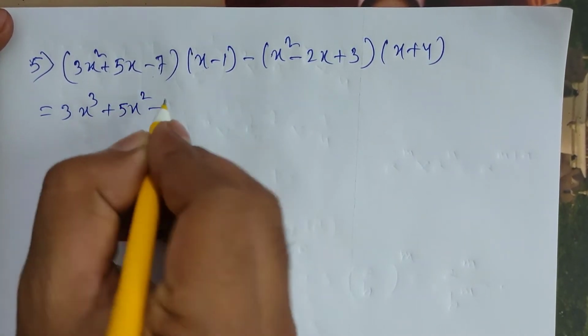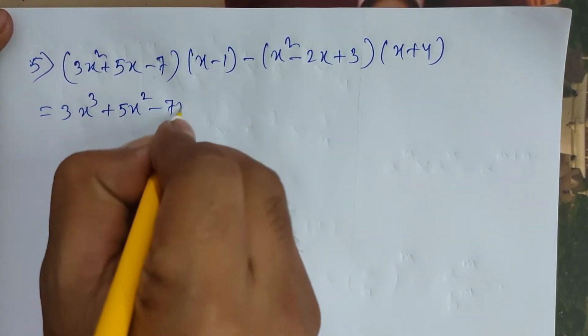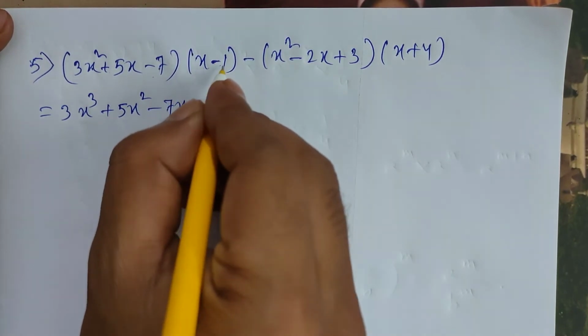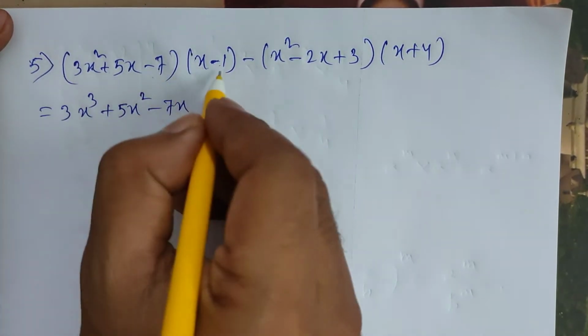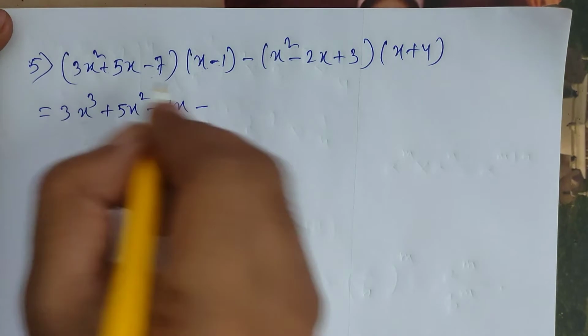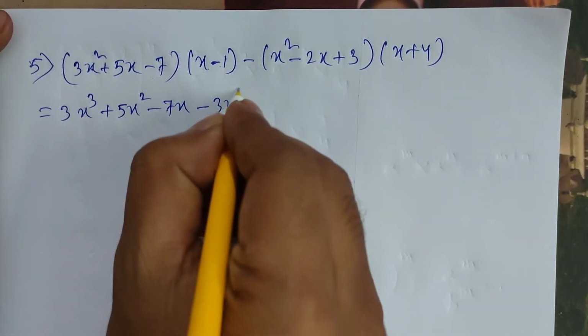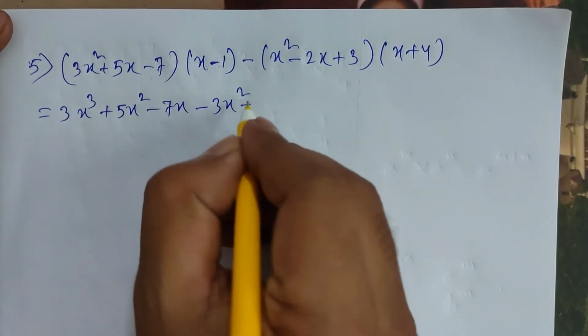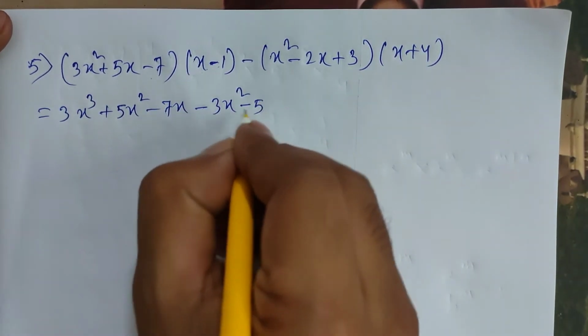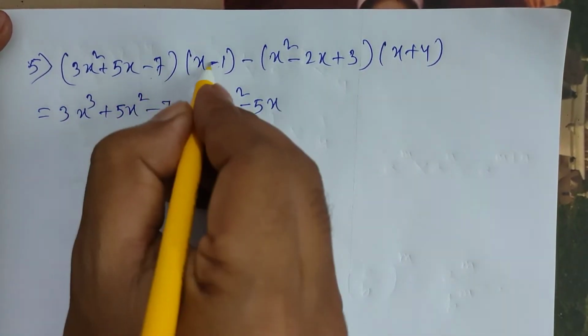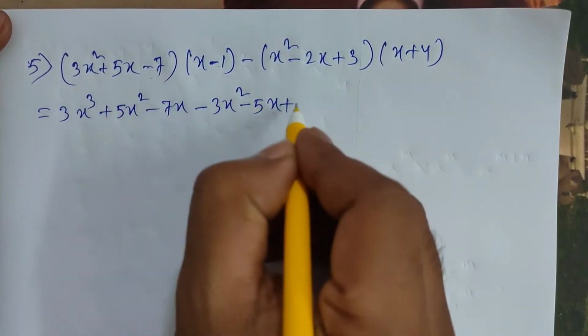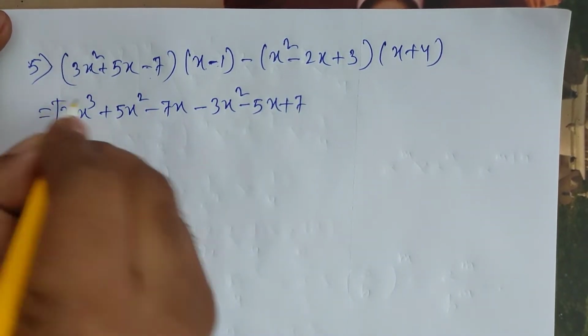Minus 7 into x, that means 7x. Minus, we need to multiply these full terms by minus 1, that means minus of 3, that means minus 3x square, minus and plus it will be minus 1 into 5, that means 5x, minus minus it will be positive, and 7 ones are 7, using a bracket.